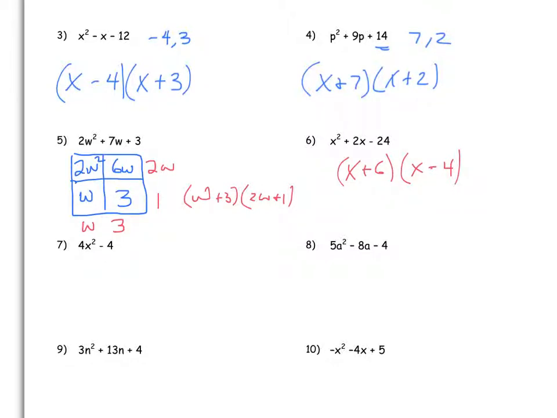Number 7. Notice on number 7 that these have a GCF in there. So the first thing I'm going to do on 7 is pull out a 4. That's going to be the first step all the time, is we look for a GCF to pull out to make the numbers easier. So now it's that, which is the same thing as 4 multiplied by x squared plus 0x minus 1.